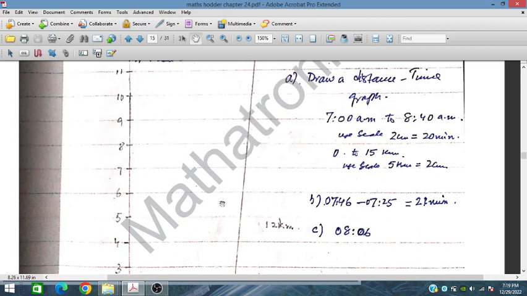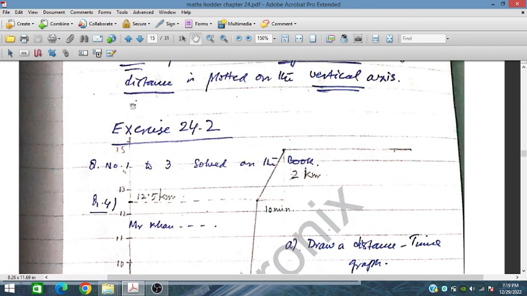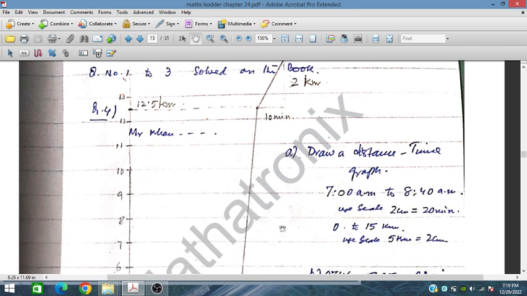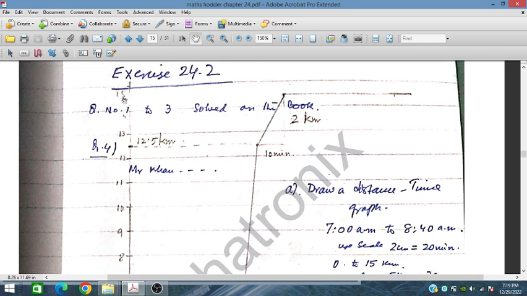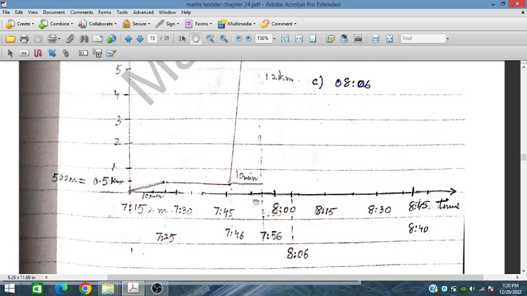So draw it from 7 a.m. to 8:40, with a scale of 2 centimeters equal to 20 minutes. This is all plotted here. On the vertical axis we have 0 to 15 kilometers, and on the other side we have 7:15 to 8:45.